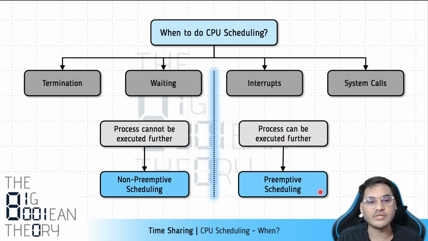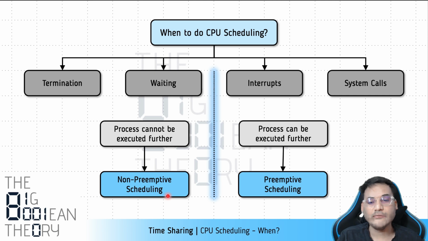So understand the difference. All of these cases have one thing in common, that there is an option with the CPU that it can context switch to some other process. In the first two cases, the operating system does not have the other option, it has to make the context switch. And if the operating system only context switches to some other process in these cases, then such an operating system or such a scheduling policy is called non-preemptive scheduling.